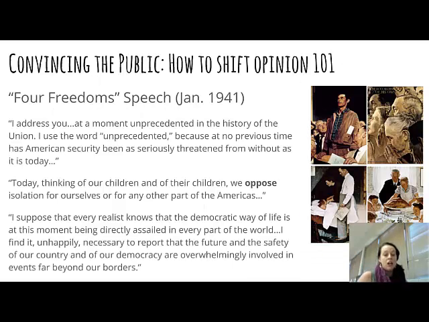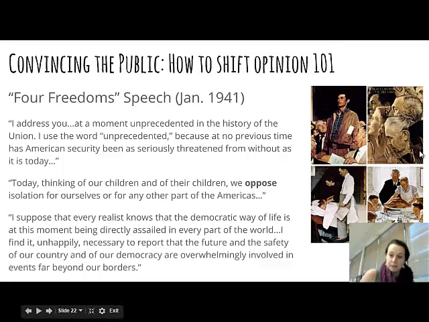So, Franklin Roosevelt attempts to really shift that isolationist opinion in the public to garner more and more public support for the war. Countries can't just go into the war like that whenever they want. The people of the country kind of have to be on board. So Roosevelt gives the Four Freedoms speech.